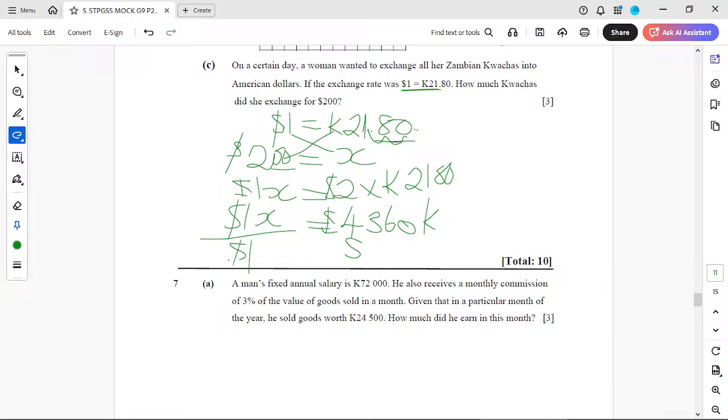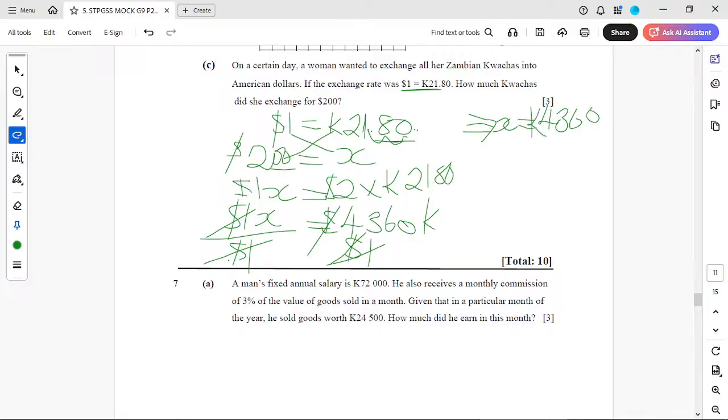So even this side we divide by $1. So that means this and this will be cancelled out, leaving us with the x, which is equal to, then we say this dollar and this dollar will cancel each other out. So it will be 4,360, just like that.